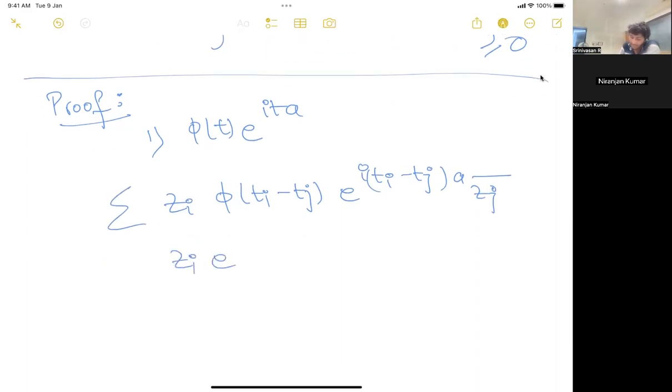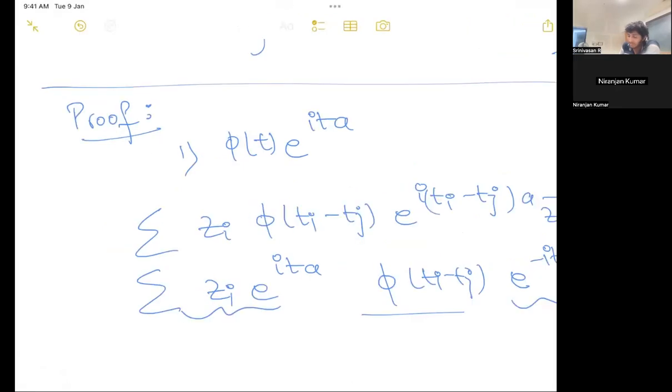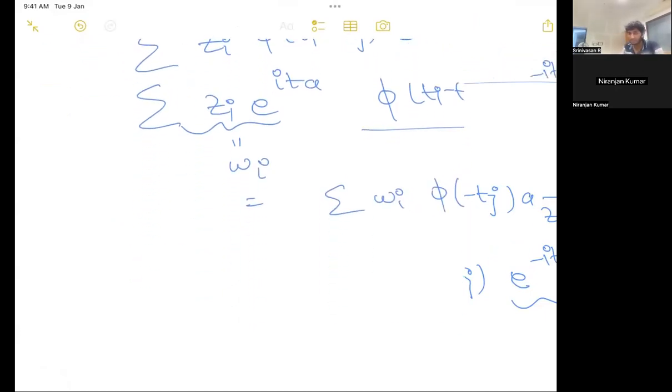If we write this with e to the negative I tj times zj bar, then you observe that we can take these to be some, say, wi's. So this is wj bar. So this is just the sum of wi phi of ti minus tj wj bar, which is greater than or equal to 0 because phi is positive definite.